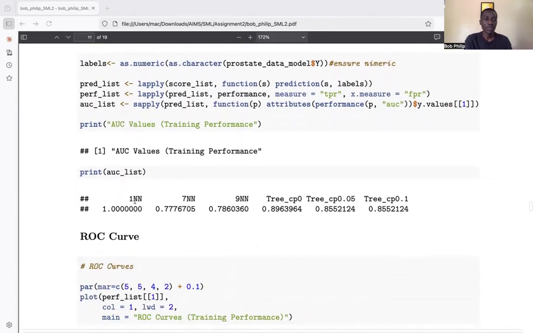As we expected, 1NN learned everything and mastered all the data. At the same time, for the trees, the tree with CP0 also got the highest.